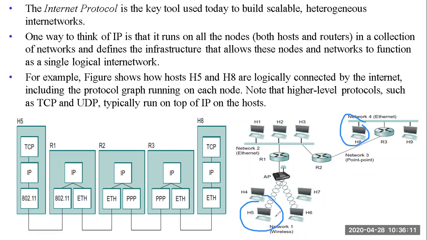If you want to transmit from H1 to H8, what happens? The data, which is 802.11, that is Wi-Fi data, has to be converted to Ethernet data.